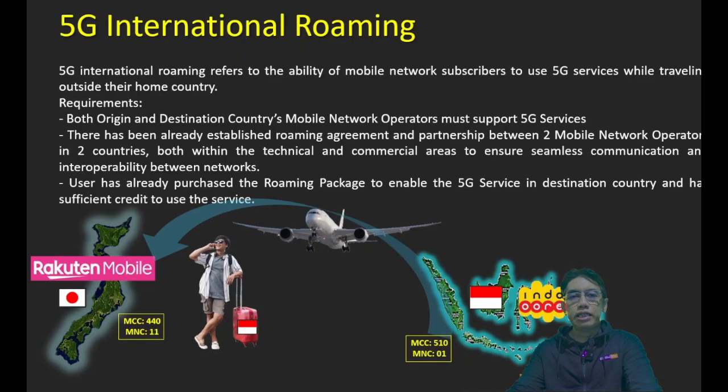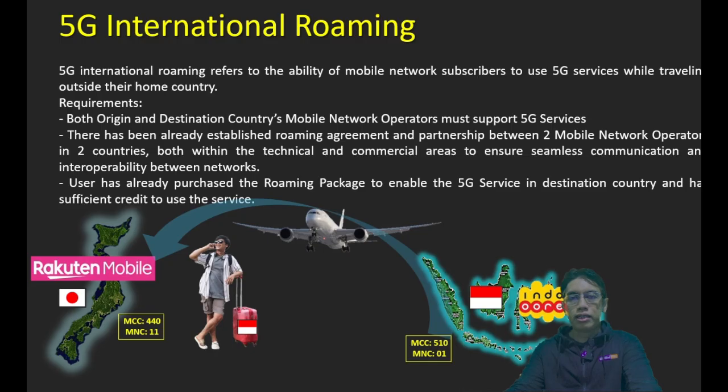5G international roaming is the ability of mobile subscribers to use the 5G service while they are outside their home country. To use this 5G international roaming service, the network operators in both the home country and the destination country must be able to provide the 5G service.